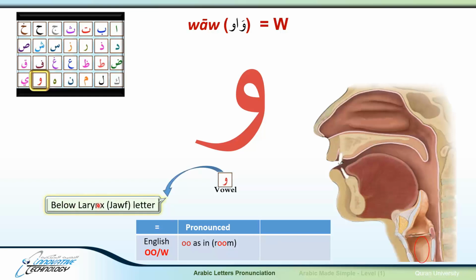It articulates from below the larynx, from the jawf, and that's why we classify it as a jawf letter, a below-the-larynx letter. The other waw is wa, like the W in walk, not oo.